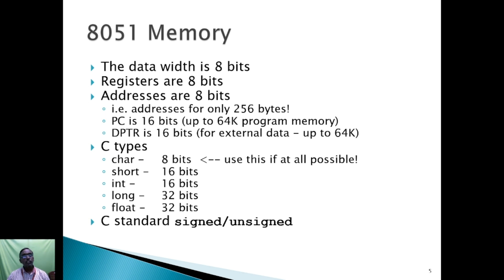DPTR is 16 bit for external data, up to 64K. So here we are discussing memory. We already know that two types of memory are there: program memory and data memory. The program memory is read-only memory. Data memory can be read and written.